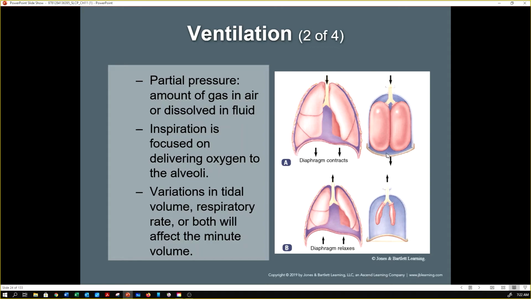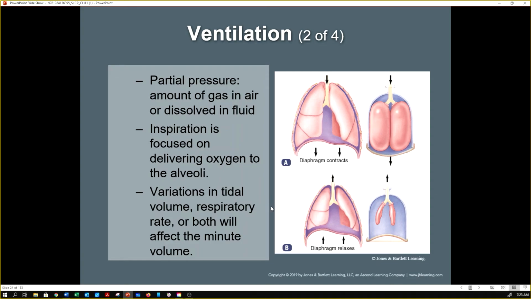If the diaphragm is not working correctly, then we won't have good ventilation, right? We won't have good ventilation. And there's reasons for that. The phrenic nerve could be damaged, the diaphragm itself could be damaged. So there's things that can happen to cause that.